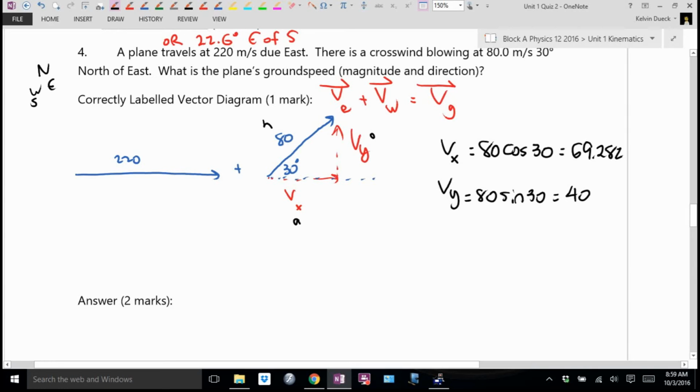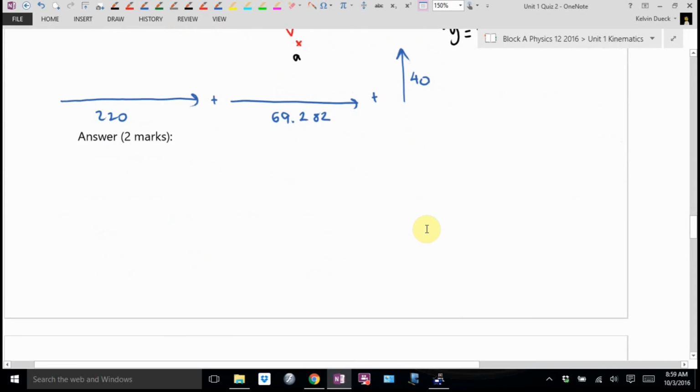So I'm going to redraw this, and here's what I have. 220 plus 69.282 plus 40. That's what I have. Okay. So, really, I have this.